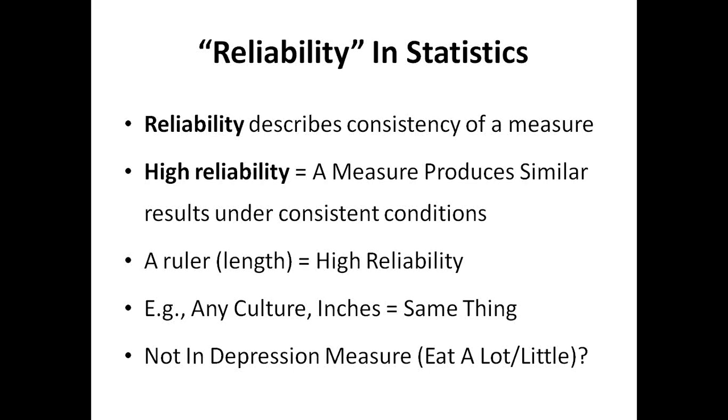I don't eat as much. And then another person might say, no, that's wrong, it's the opposite. When I'm depressed, I eat more. So an indicator of depression for me is more eating, and for the first person it is less eating. Therefore, we might say that eating more or less is not a reliable indicator or measure of depression, right?